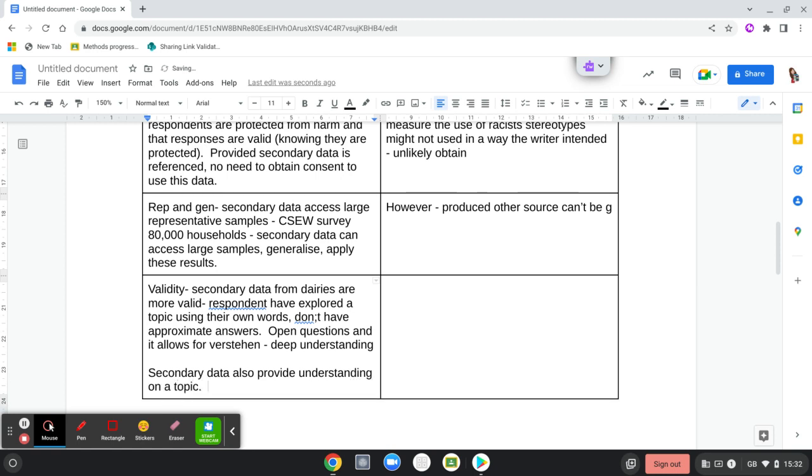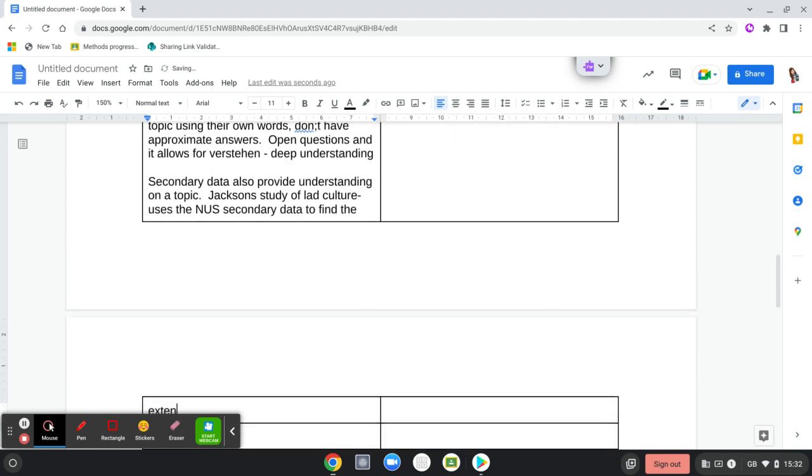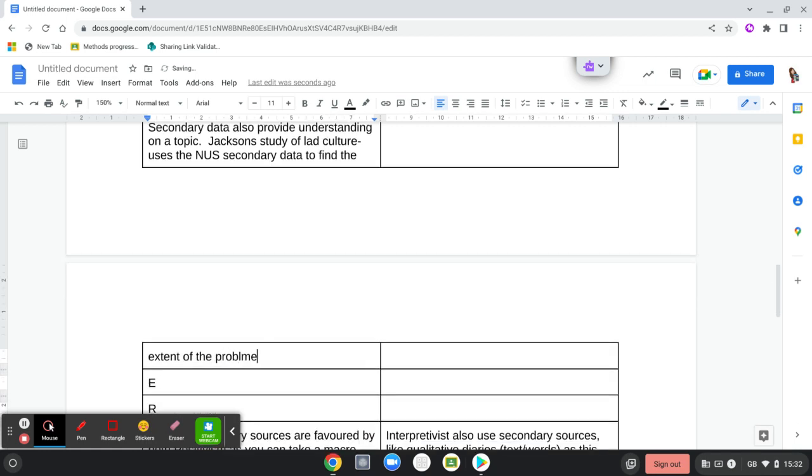So in Jackson's study of lad culture, she uses the NUS secondary data to find the extent of the problem. Again, patterns and trends.